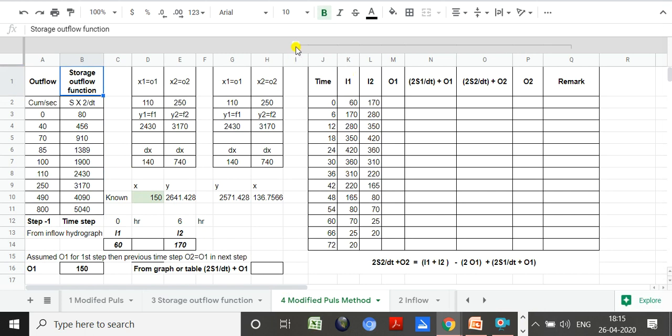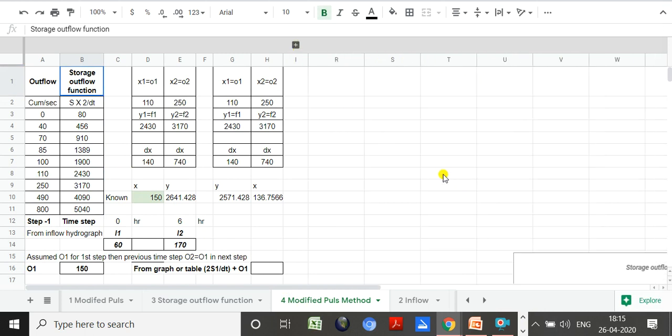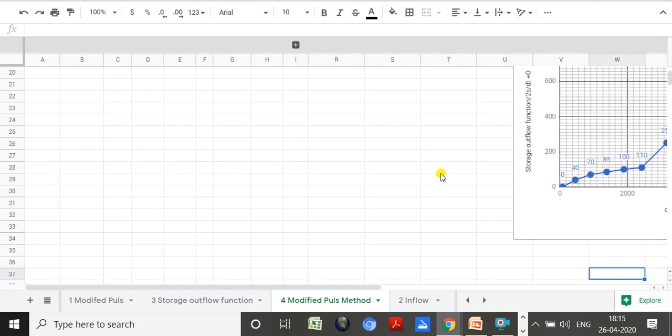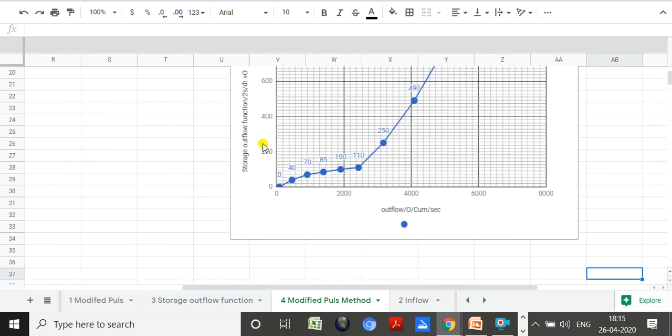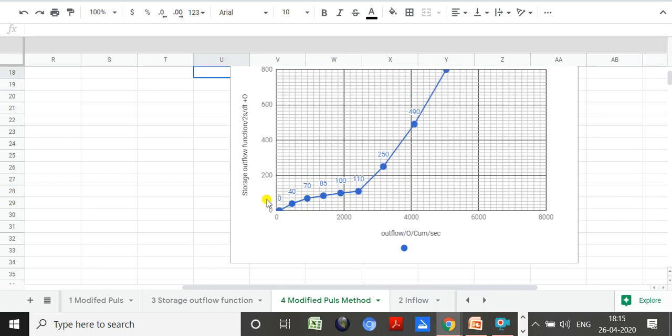From this curve, for outflow 150, the corresponding value of 2S1 by dt plus O1 can be read.